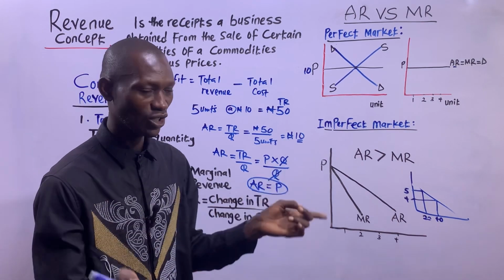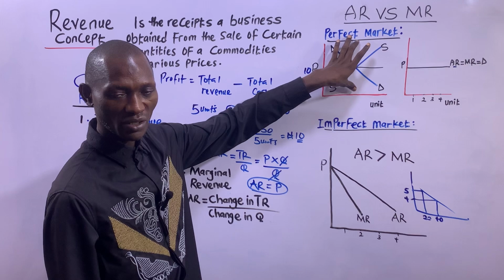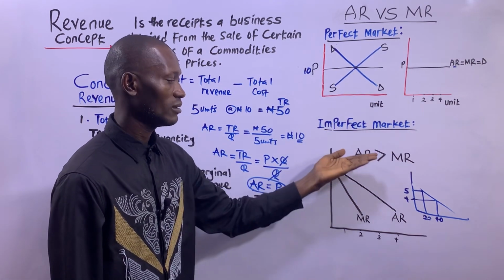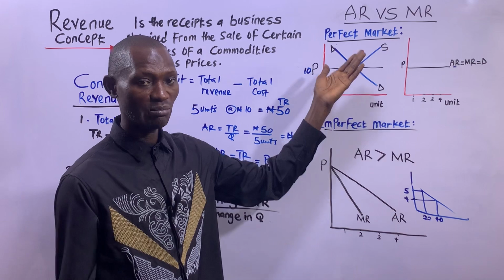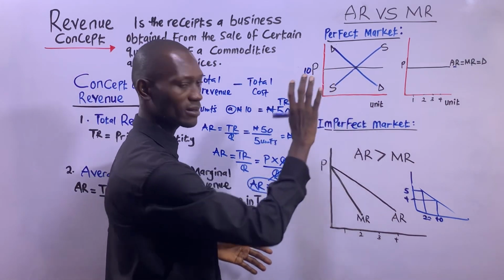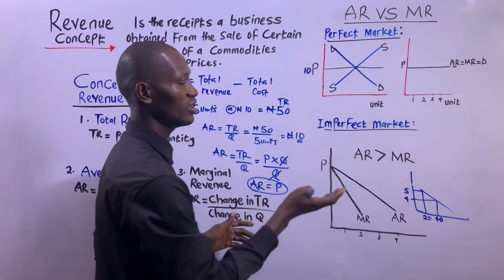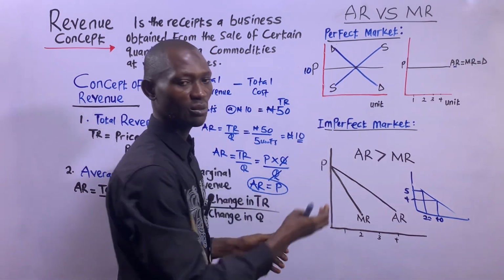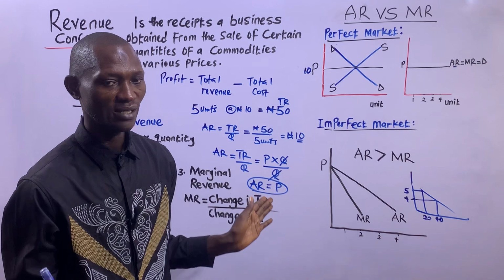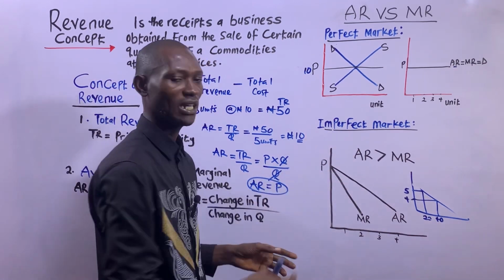So in short, the average revenue and marginal revenue are the same in a perfect market because the firm is considered a price taker. You can't do anything with the price. But to increase your sales, increase your productivity and sell more. That's that. But here, they are not the same. Average revenue is not the same as marginal revenue.